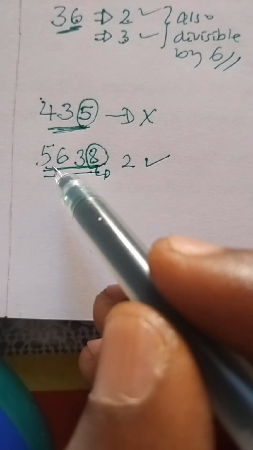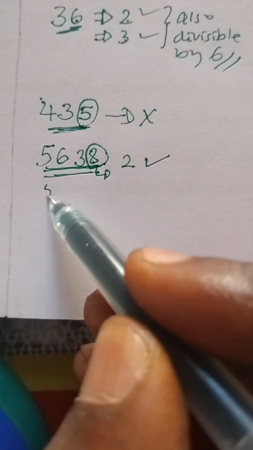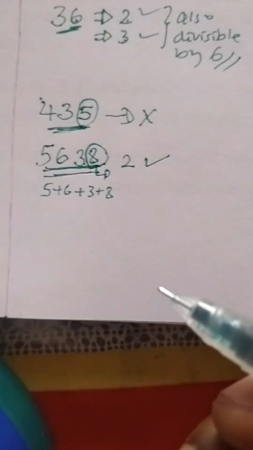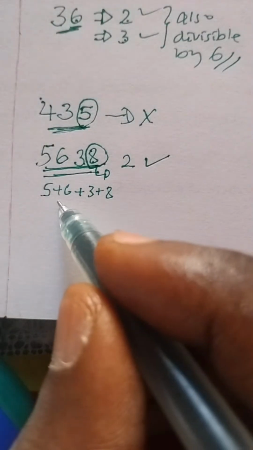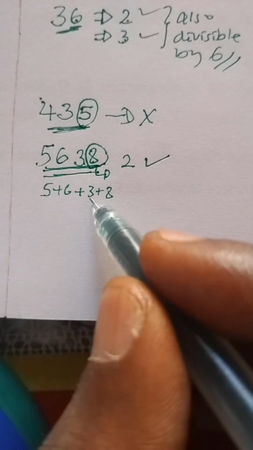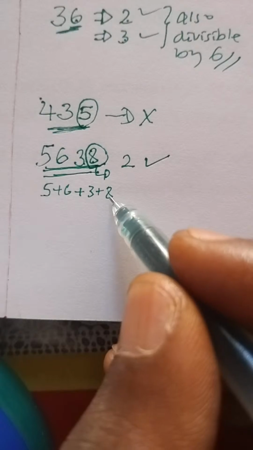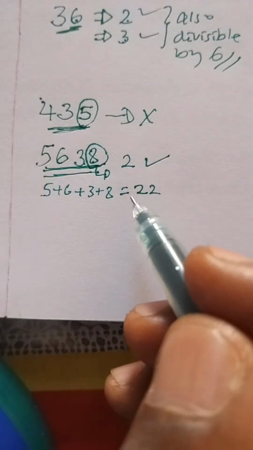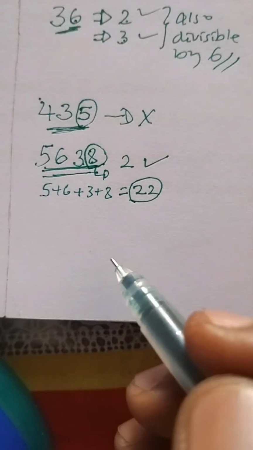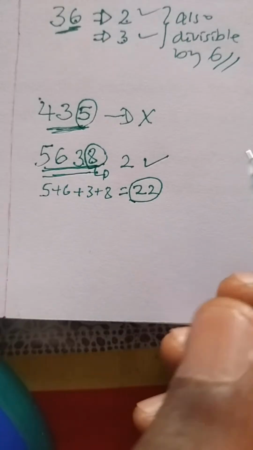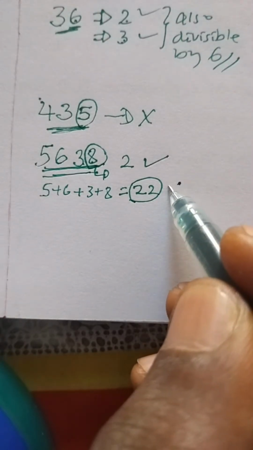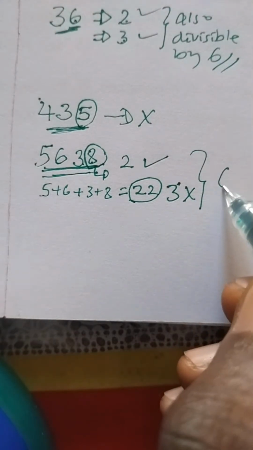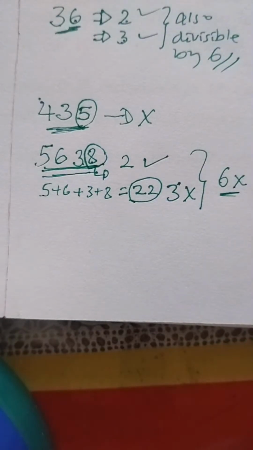We add all the digits: 5 plus 6 plus 3 plus 8. 5 plus 6 is 11. 11 plus 3 is 14. 14 plus 8 is 22. Is 22 divisible by 3? No, it is not divisible by 3. So this number is not divisible by 3, so it is also not divisible by 6.